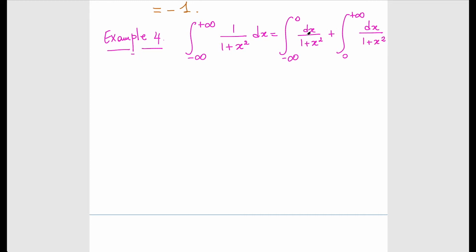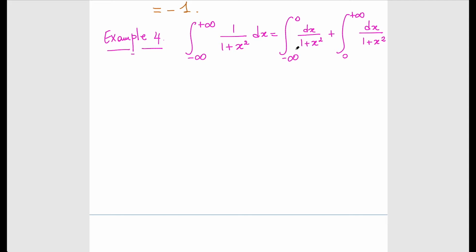Okay, so I'm gonna find each one separately, and if each one is finite, then the value of this improper integral is gonna be the sum of these 2 finite numbers, and hence it's gonna be convergent. If any of the 2 is not finite, then that's gonna be a divergent integral, right?